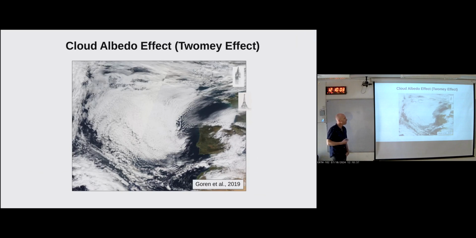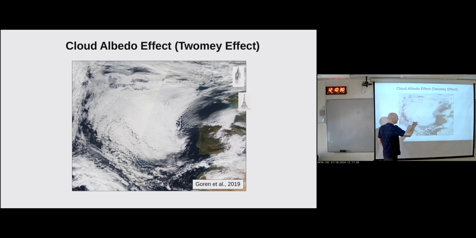And this Twomey effect over the ocean is not only due to ship tracks. With ship tracks, we put the aerosols there inside the ocean. We also have, every day, all the time, air masses from continents with anthropogenic and continental aerosols advected into the ocean, depending on the synoptic situation. So this is Spain and the UK up there.